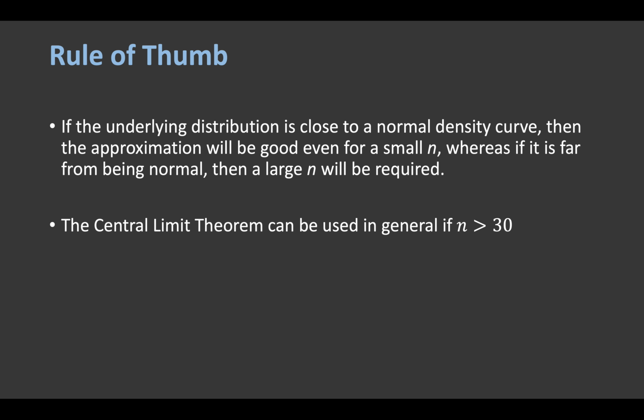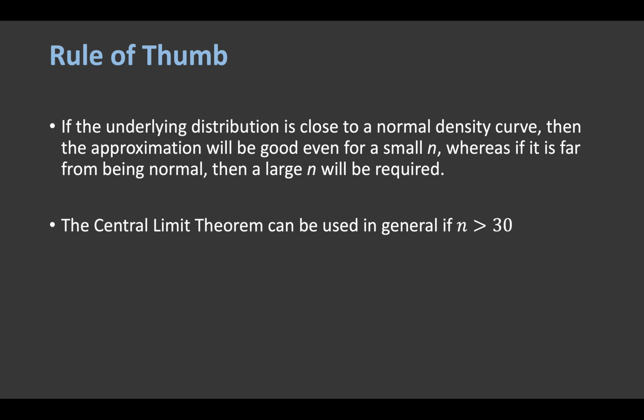Of course, when we talk about large enough, what do we mean by large enough? The rule of thumb basically is if the underlying distribution is close to a normal density curve, then the approximation will be good even for small n.